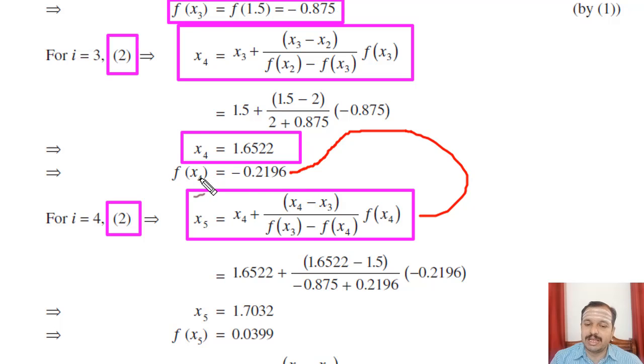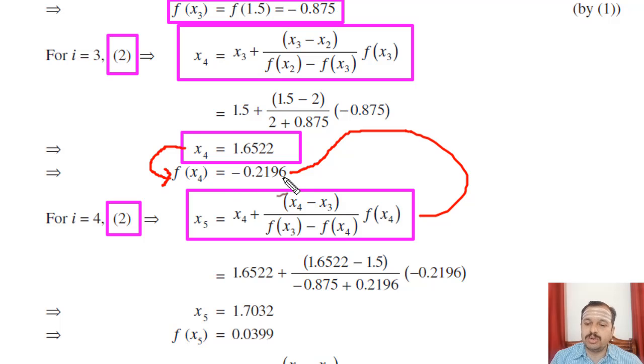Immediately after getting this, if you go for finding f of x4 in the expression of f of x, wherever x is there, if you replace it by x4, that is 1.6522, and if you simplify the right hand side using your calculator, you will get the answer minus 0.2196.